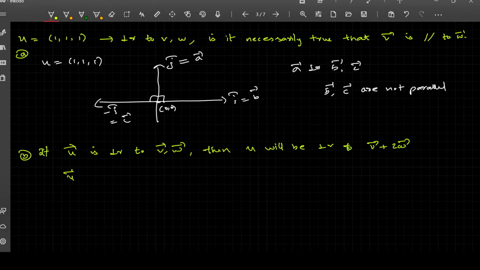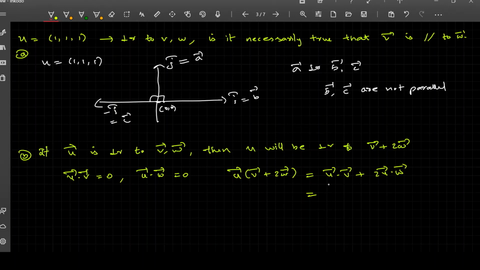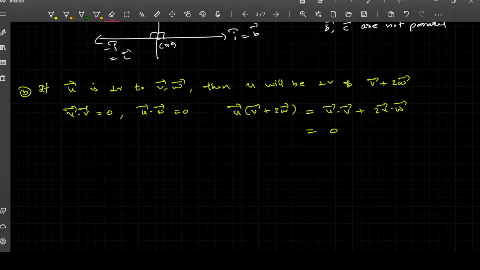That means the dot product of u vector and V vector is 0, and the dot product of u vector and W vector is 0. So u dot (V plus 2W) is equal to u dot V plus 2 times u dot W. So this is 0, this is 0, and this is 0. I forgot to write this down, sorry about this. So u vector will be perpendicular to V vector plus 2W vector also.